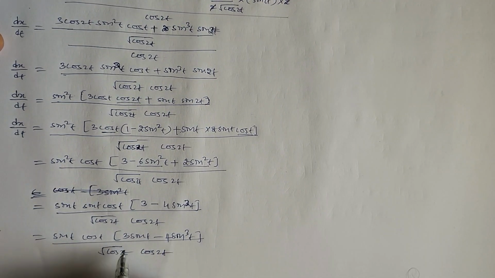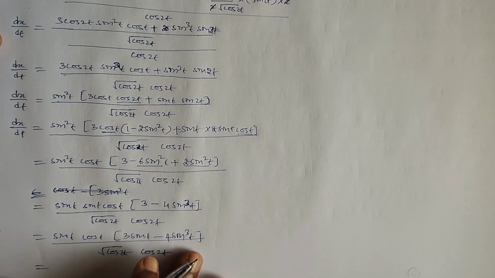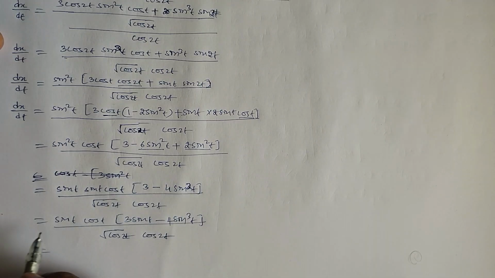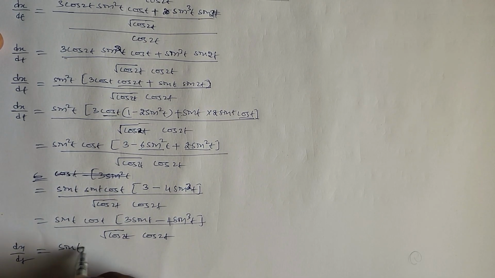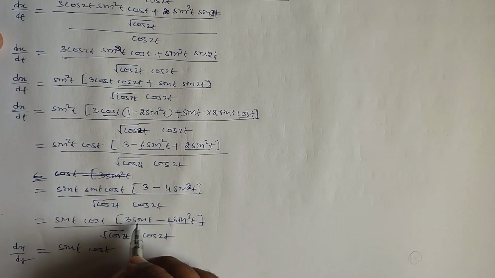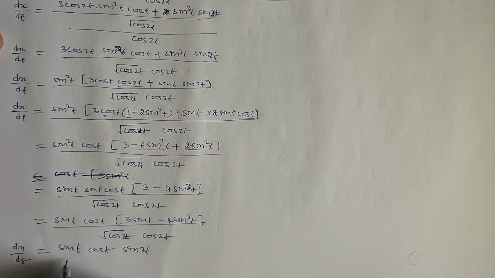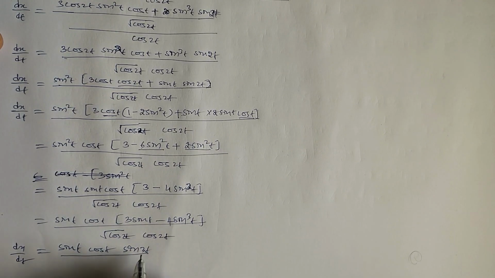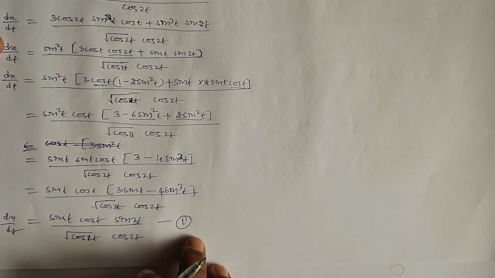So dx by dt equals sin t into cos t, and 3 sin t minus 4 sin cube t is the formula for sin 3t, divided by root cos 2t into cos 2t. Call this equation number 1.